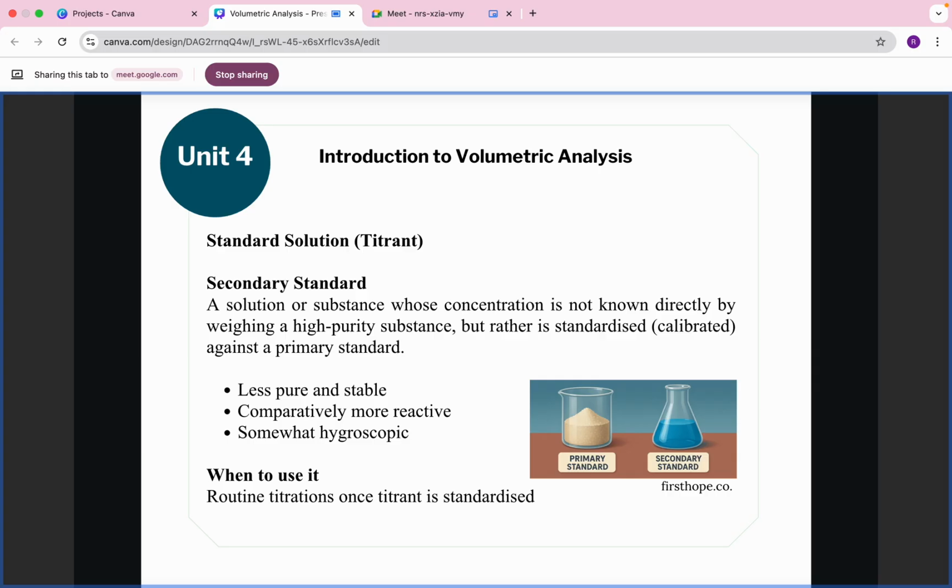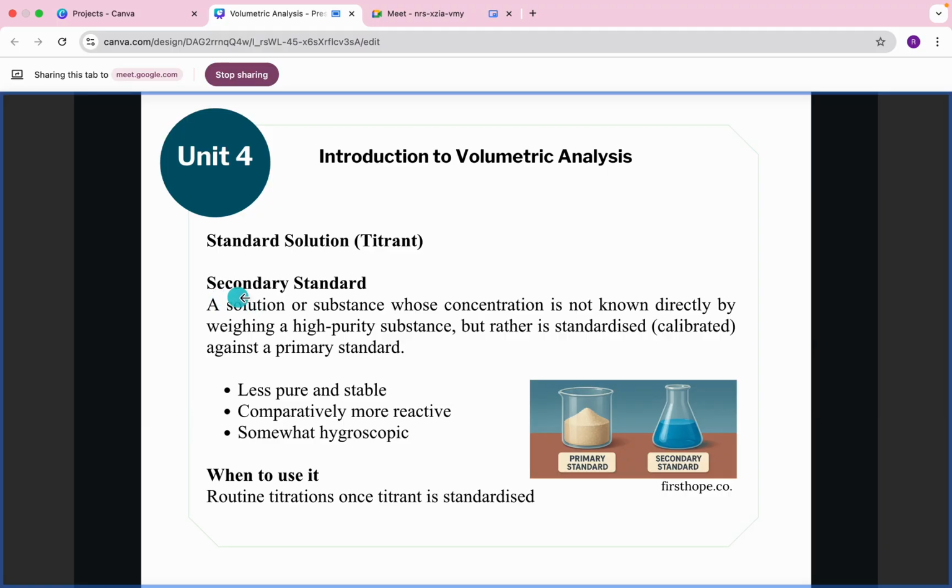For example, you are going to prepare 0.1 molarity, and it turns out that it might not be 0.1 molarity when you already prepared it. Aside from these properties, you can also take into account the possibility of mistakes and error during the preparation of your solution. That's why we can use these primary standards to verify the concentration of our secondary standard.